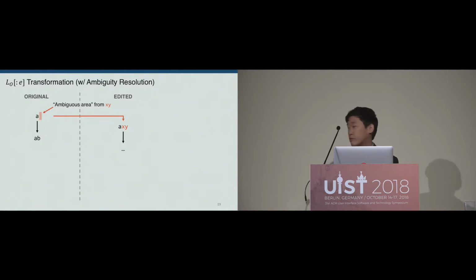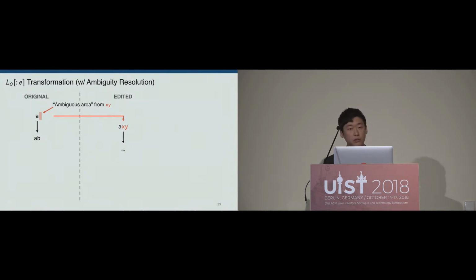The ambiguous area represents the positions that are affected by the new operations. So in this case, since the letters X and Y are inserted right next to the letter A, we mark the position as ambiguous area that corresponds to the XY.